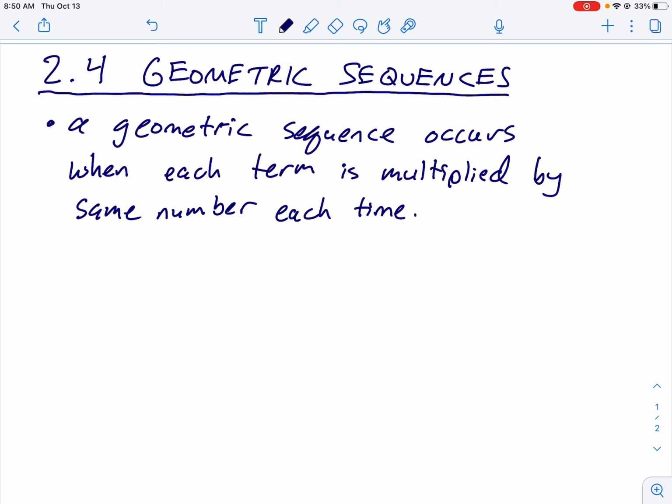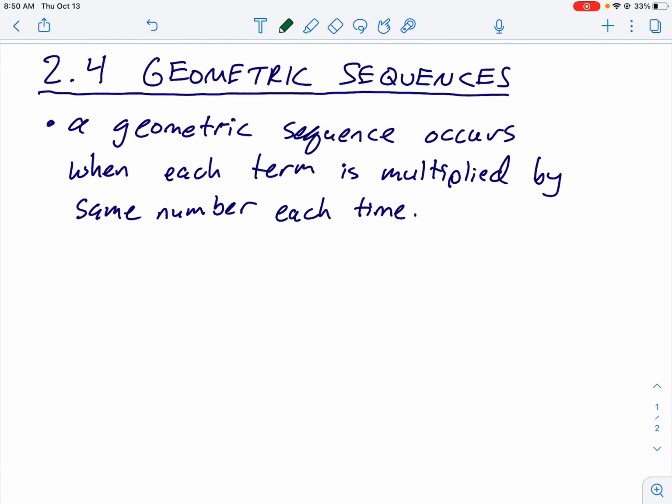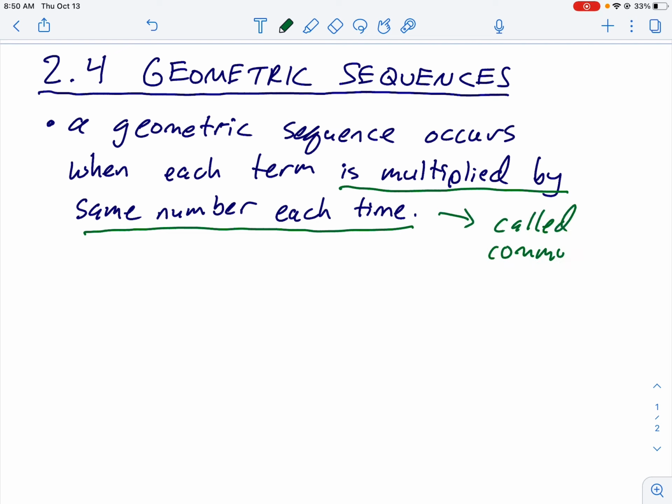Okay? This number is called the common ratio. And we use the symbol R for it. Okay?